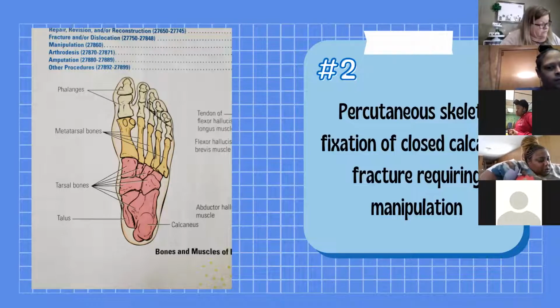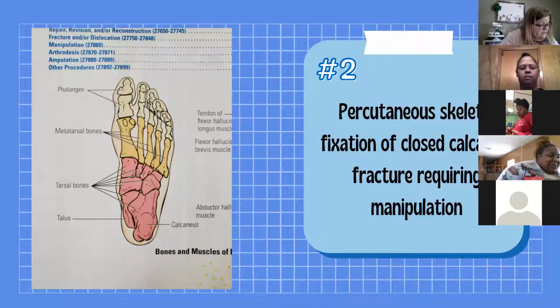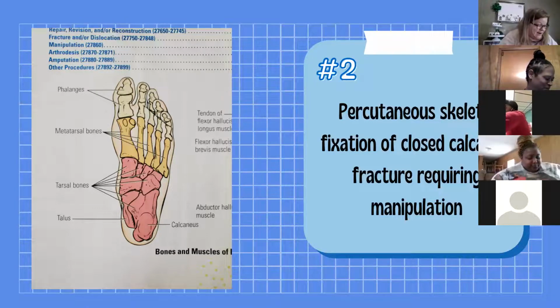Yes, ma'am. All right, so there we go. Yep, that's almost exact wording. So that's about as specific as we can get, right? And there's no subsections or anything like that. So there we go. 28406.